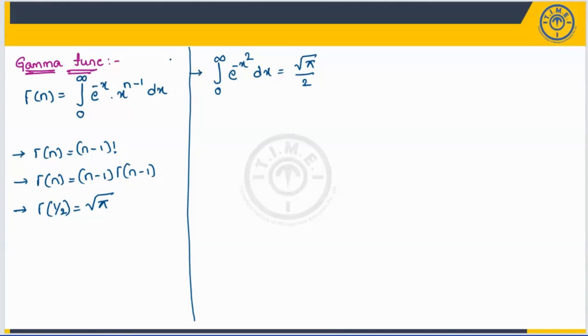We call it the Gaussian distribution. Without the Gaussian distribution, there is no communication theory as of today. So just to learn about this particular integral, we are forced to learn about the gamma functions.